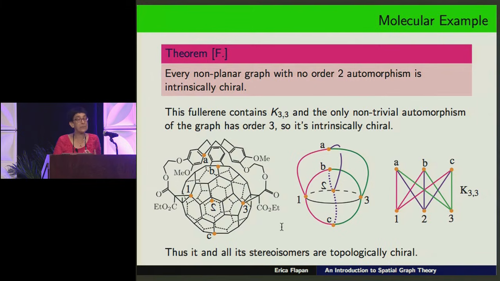And since we now have seen it contains K33 and hence is non-planar and it has no order 2 automorphism, right away we know that it's intrinsically chiral, which means from a chemistry point of view that it and all its stereoisomers are topologically chiral. And this fullerene was brought to my attention by the chemist who synthesized it, who asked me, is it intrinsically chiral? And then I showed them it is.